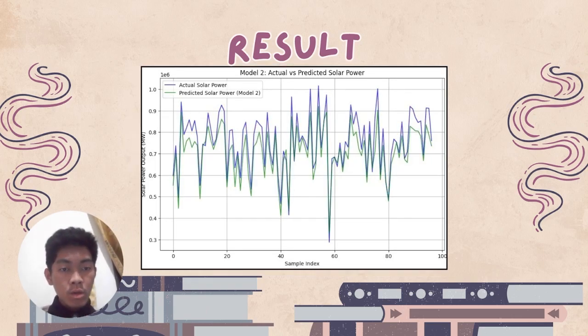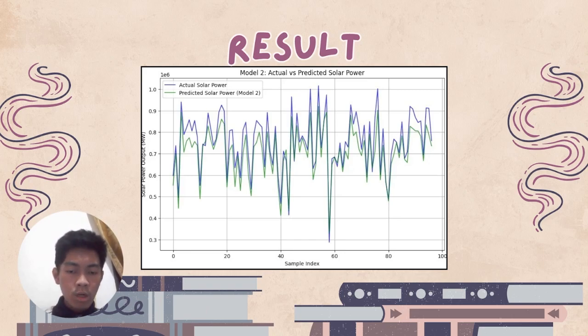So this is the graph for Model 2. It also captures the overall trend, but the predictions show greater variability than Model 1, with noticeable discrepancies at peaks and troughs. This Model 2 is very sensitive to noise and struggles to generalize effectively.